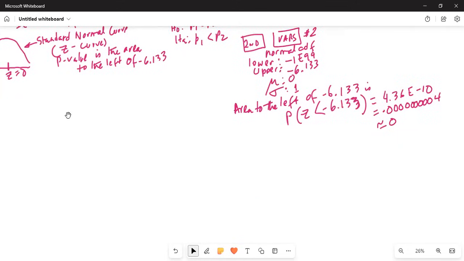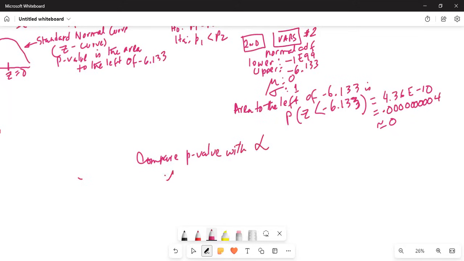Okay. Compare the p-value with alpha. Remember, alpha is 0.05, I believe. Let me check and make sure I'm doing the correct thing.